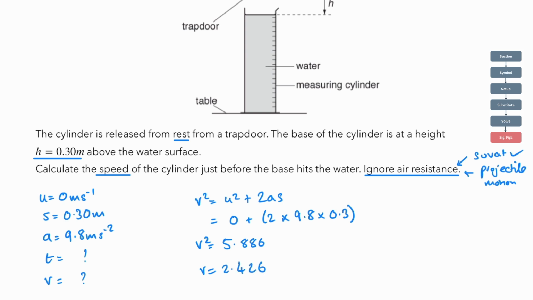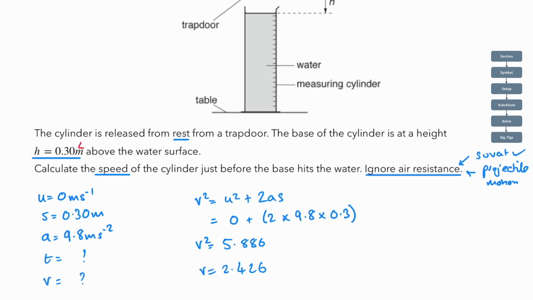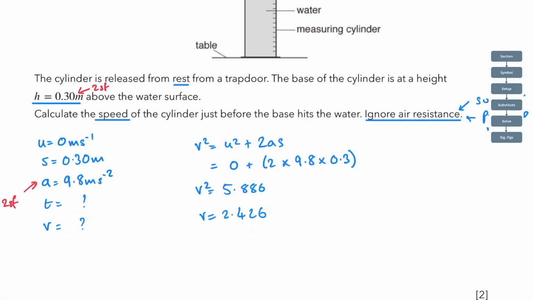We then finally want to give the right amount of significant figures. Acceleration due to gravity is 2 significant figures. So we'll give our answer to 2 significant figures. Our answer is v equals 2.4 meters per second to 2SF.